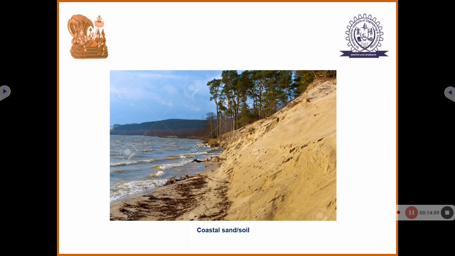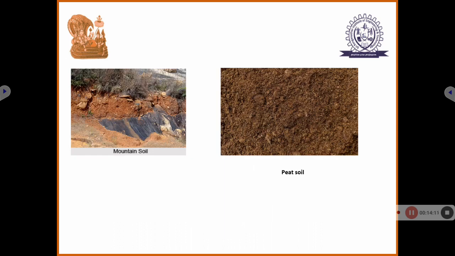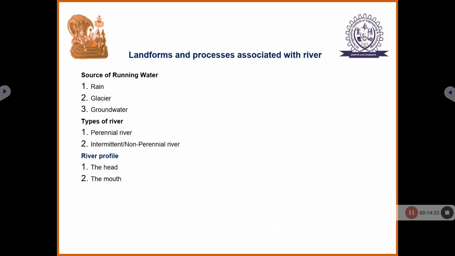Next is mountainous soil, present at the foot of the mountain, and peat soil, which is a combination of peat, humus and decayed plant matter. And then we are going to see how landforms and processes are associated with rivers.